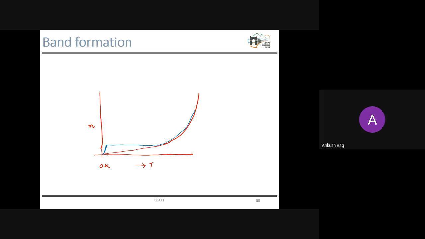So this is the behavior in case of intrinsic semiconductor, without doping, intrinsic, and this blue line is in case of extrinsic.